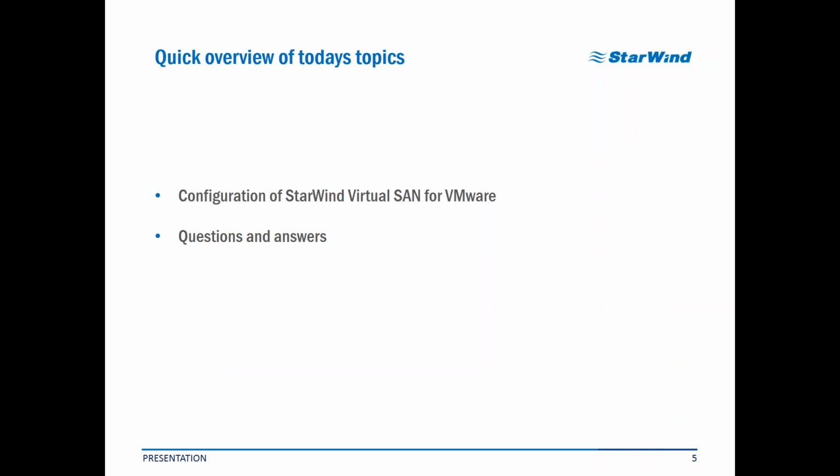This is a slide we're going to stop on for some time. A quick overview of the topics: configuration of StarWind Virtual SAN for VMware. I heard you guys asked me to repeat it, or just go through everything in detail. So I decided to make this configuration overview as detailed as I could possibly make it, so that after you watch this video you can, with no issues, configure the same setup just by going through it.